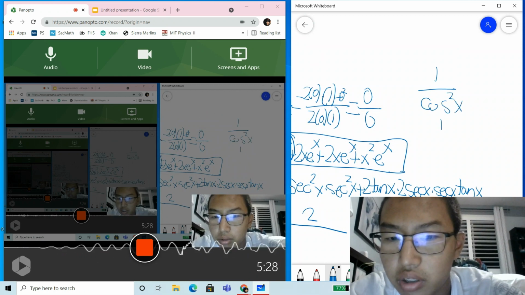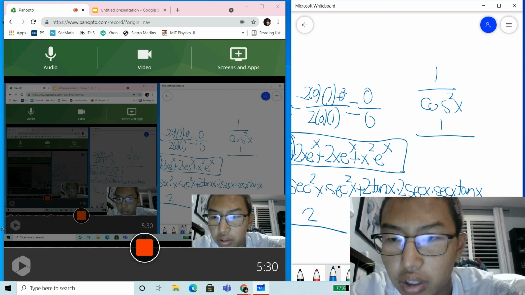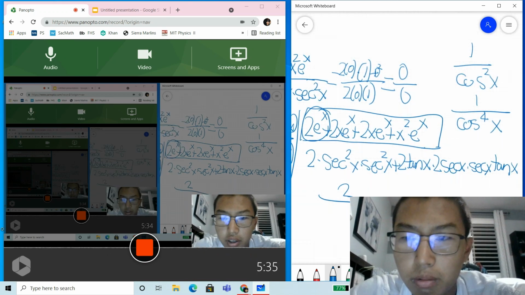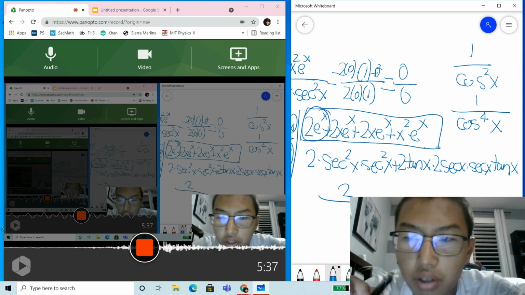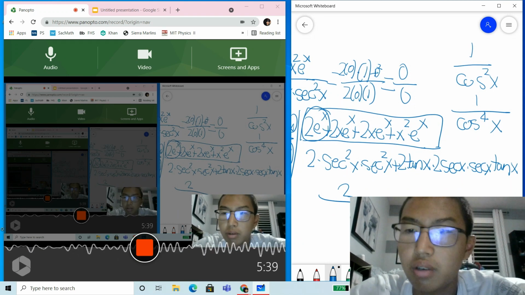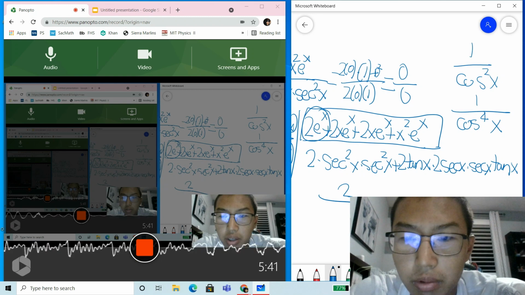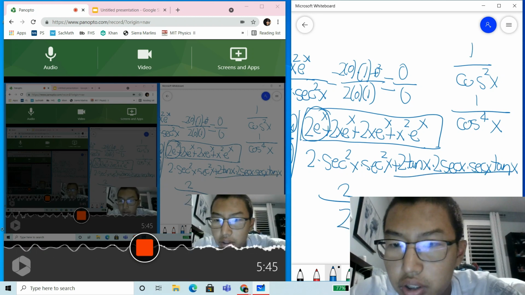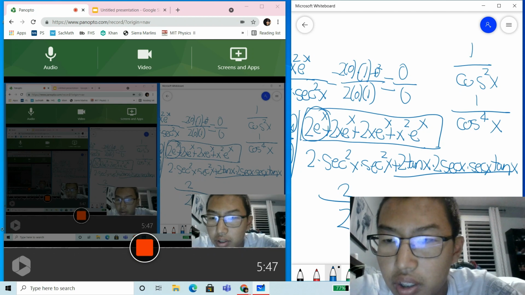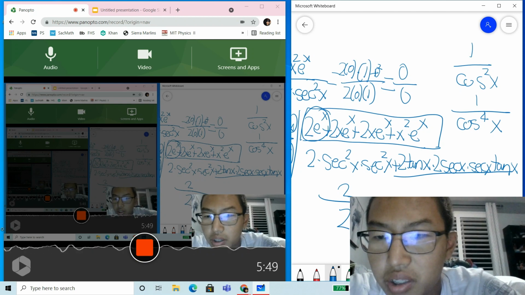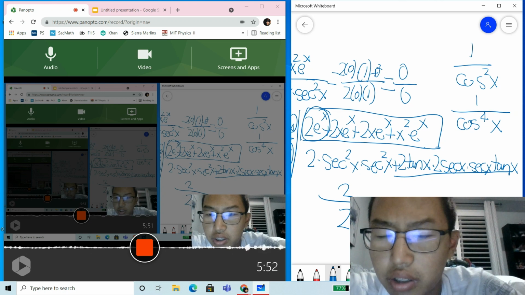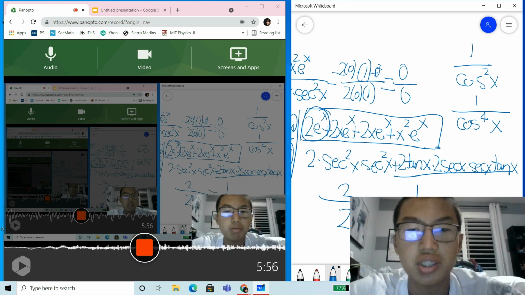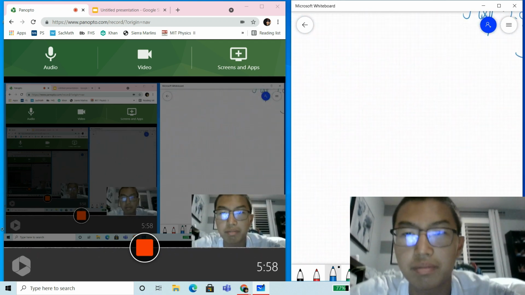So secant squared times secant squared is secant to the 4th, which is 1 over cosine to the 4th of x. 1 over cosine to the 4th of 0 is 1, and 2 times 1 is 2. The later term has tangent of x, which is 0, so 0 times whatever is 0. So we get 2 over 2, that's 1. Phew, that was tough, but we got through it.